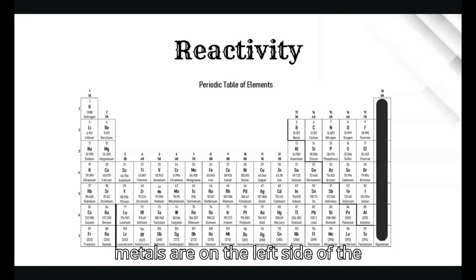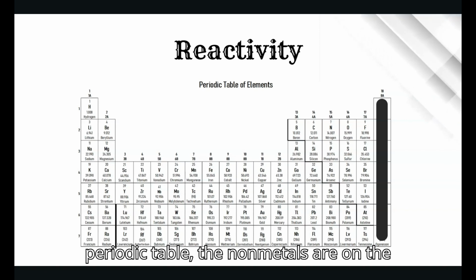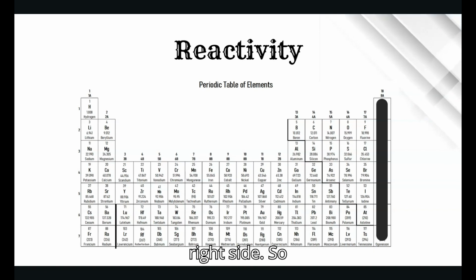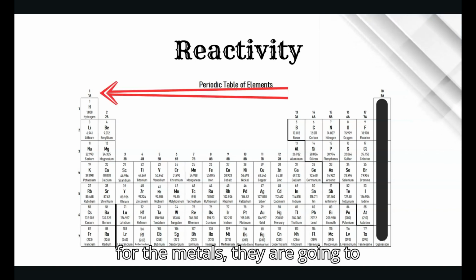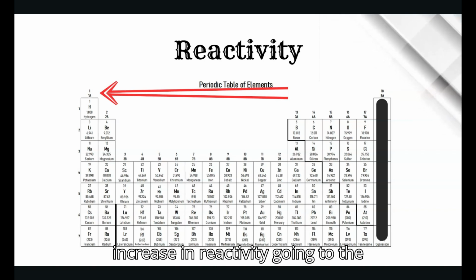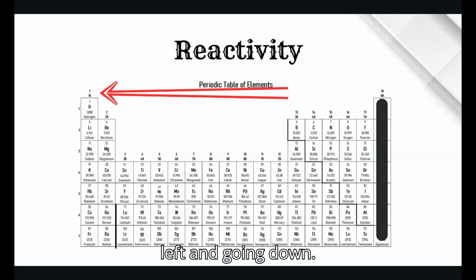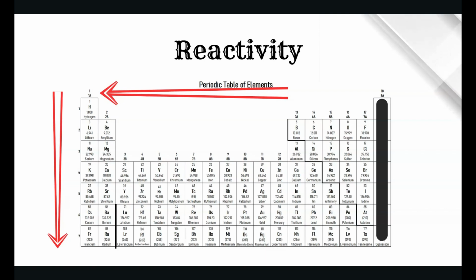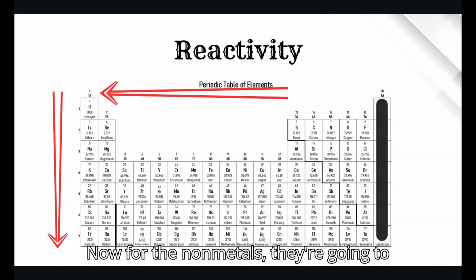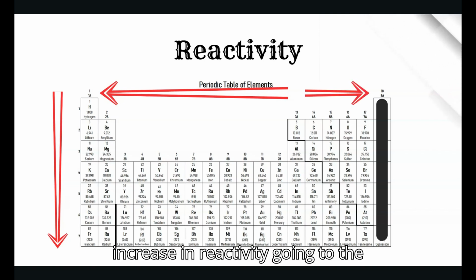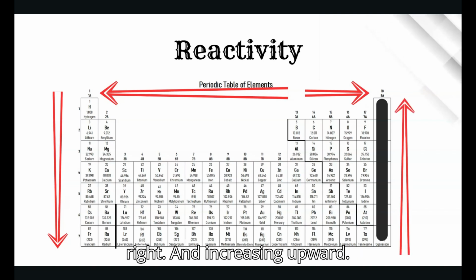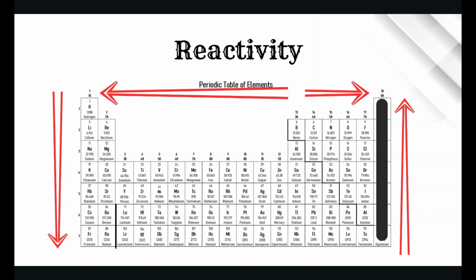Remember that the metals are on the left side of the periodic table, and the non-metals are on the right side. The metals increase in reactivity going to the left and going down. The non-metals increase in reactivity going to the right and going upward.